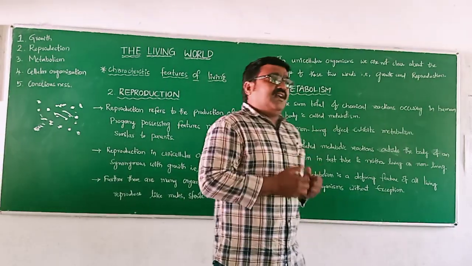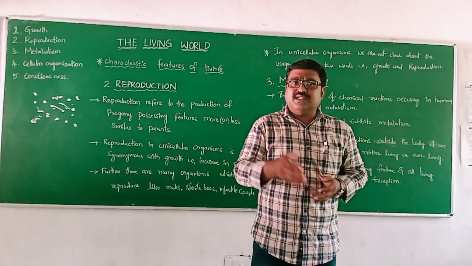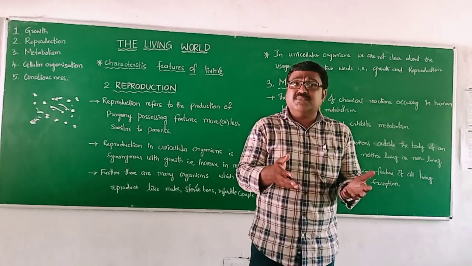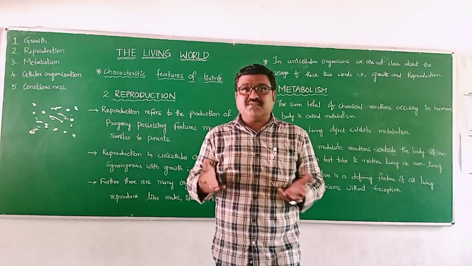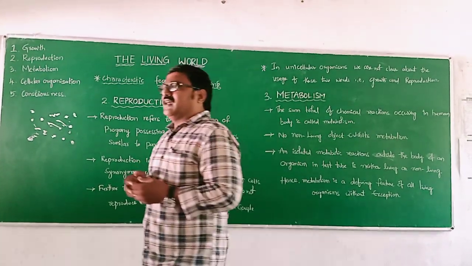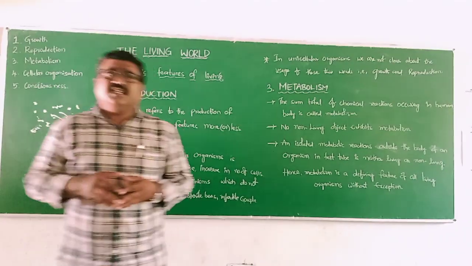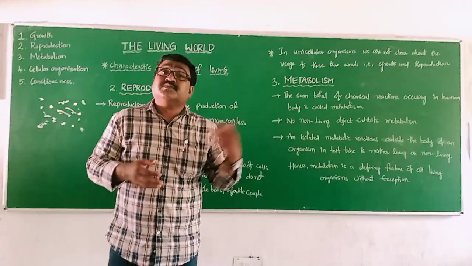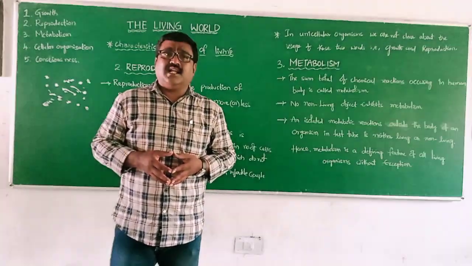Such reactions performed in the lab or test tube are nothing but living reactions, but they are not living things. We can say these are live reactions which are artificially performed in the laboratory.